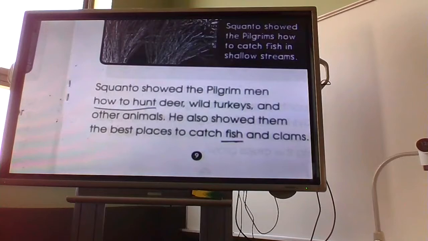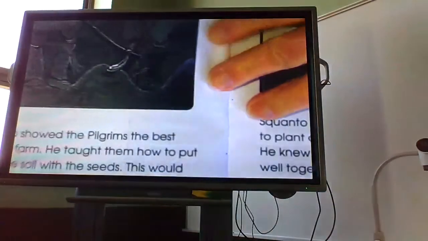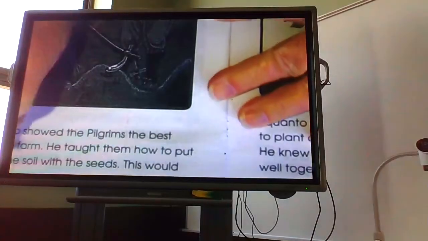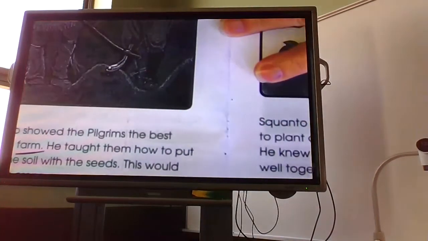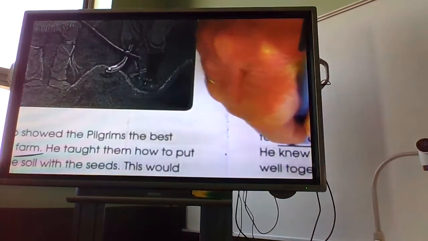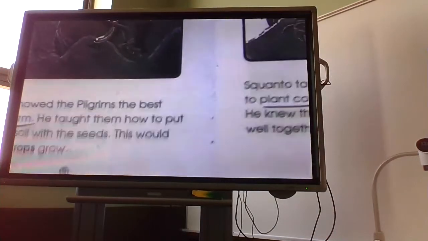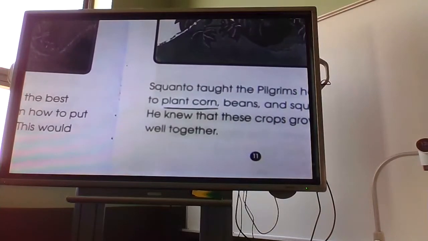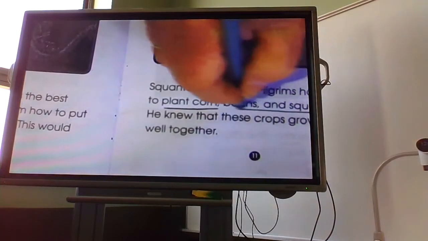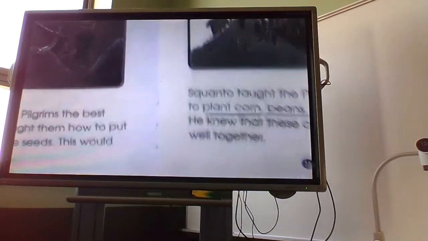And then on the next page, on page 10, he showed them how to farm, or how to plant crops. On the next page, I even underlined plant corn and beans and squash. So that's what he did in his next adventure.